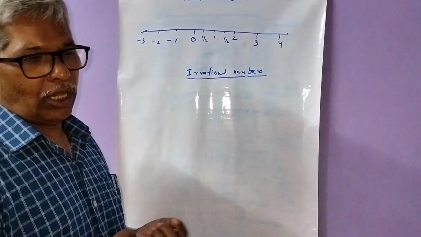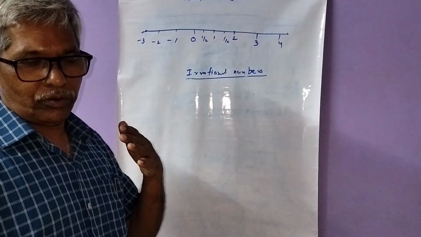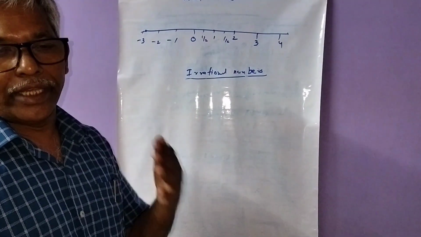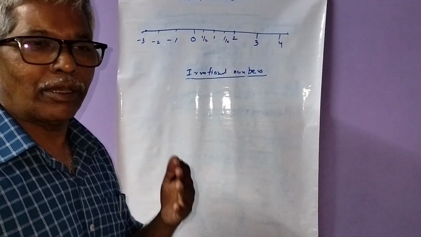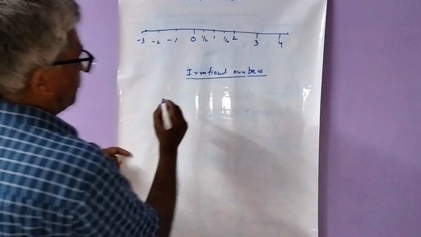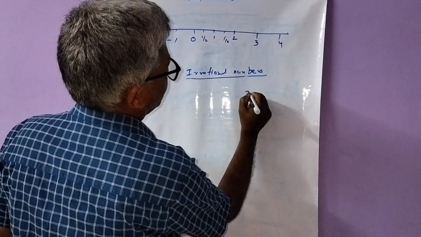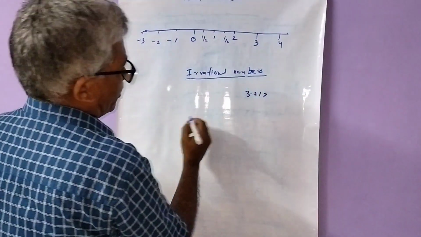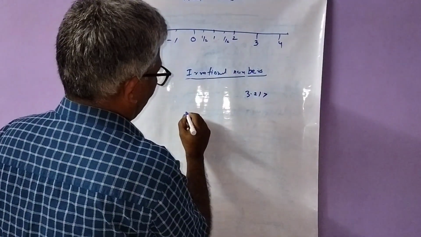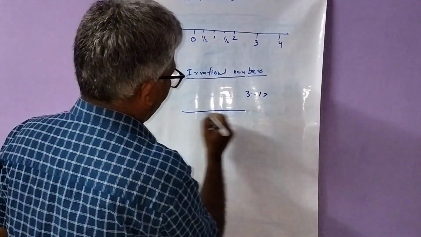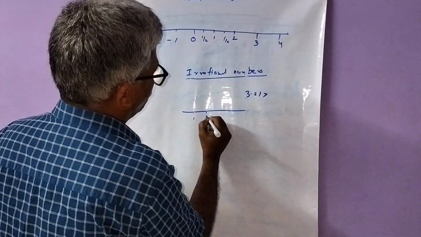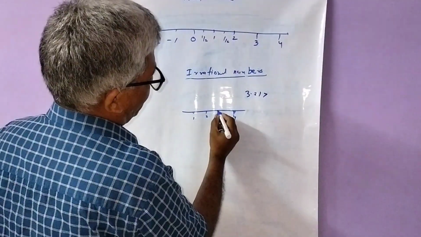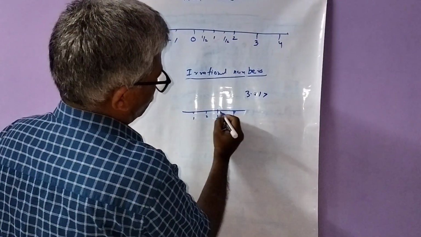Now let us see how to locate a number on a number line by the successive magnification method. Let us check any number, 3.217. This 3.217 on the number line lies between 3 and 4.